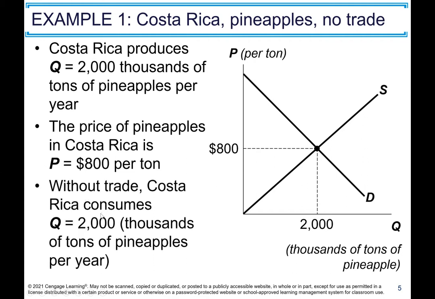Without trade, Costa Rica consumes 2,000 tons of pineapples, and that is the green area, consumer surplus. The producer surplus is the blue area.